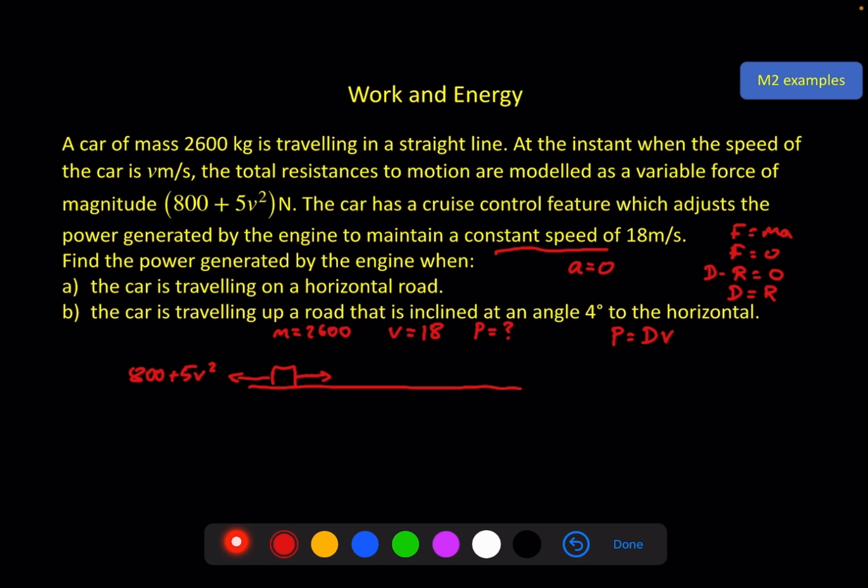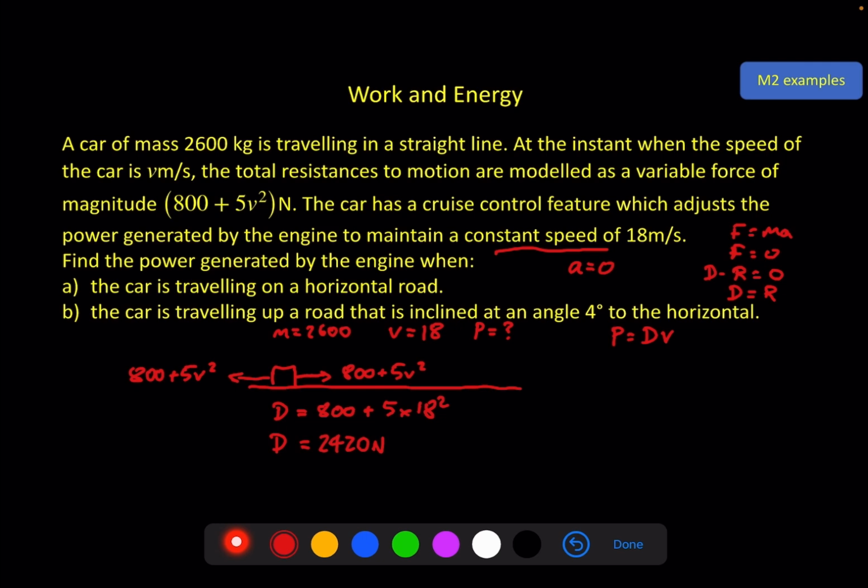So the driving force is also 800 plus 5v squared, and we know v is 18, so we can calculate that as 800 plus 5 times 18 squared. 2420 newtons for the driving force and for the resistive forces.